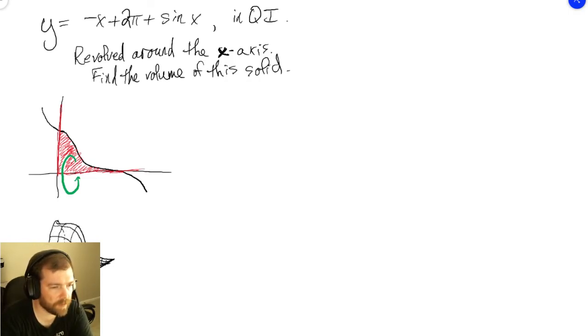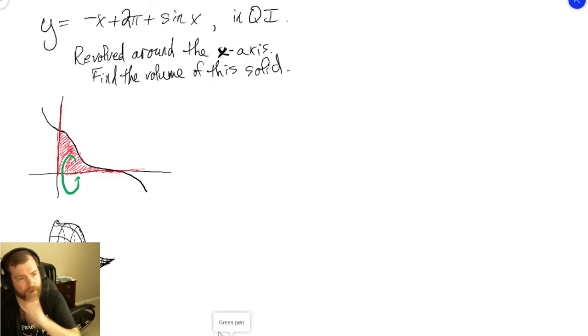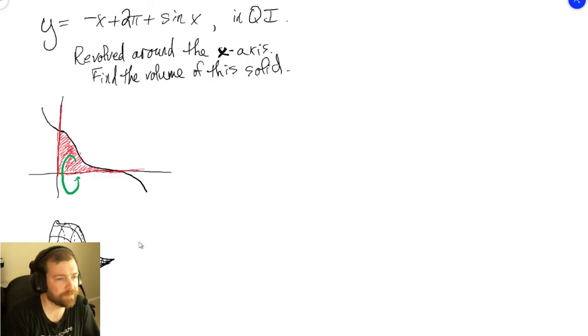Then we'd have backside coming around like this. And again, it would have all of its contour lines on the backside as well. So we want to know what the volume of this object is when it looks like that.